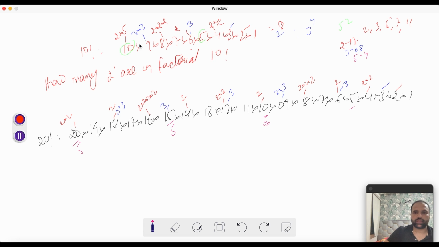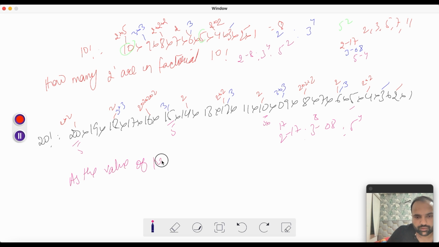So what's happening if you take any number? Above we found 2 to the power 8, 3 to the power 4, 5 squared. Over here as well we found 2 to the power 17, 3 to the power 8 and 5 to the power 4. We can take this as well, doesn't matter. If we observe very clearly, we see that as the value of the prime factor increases, the power decreases.